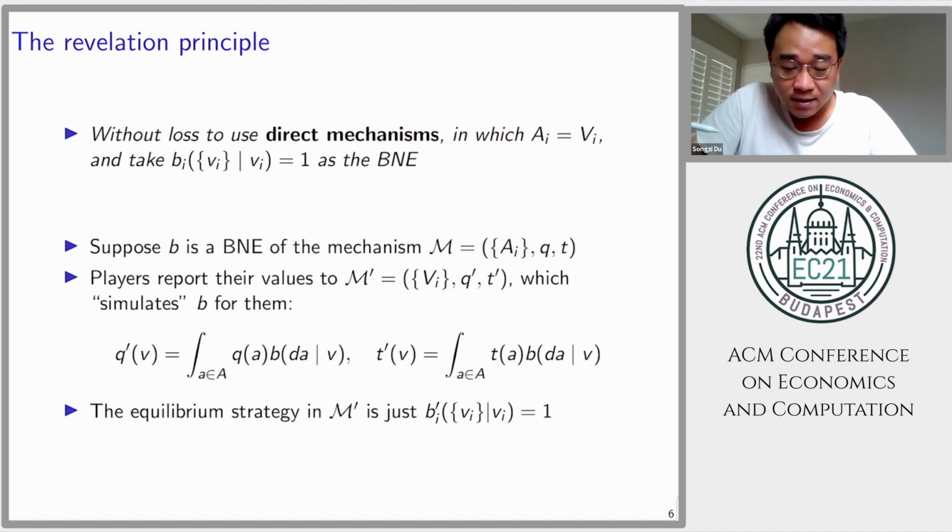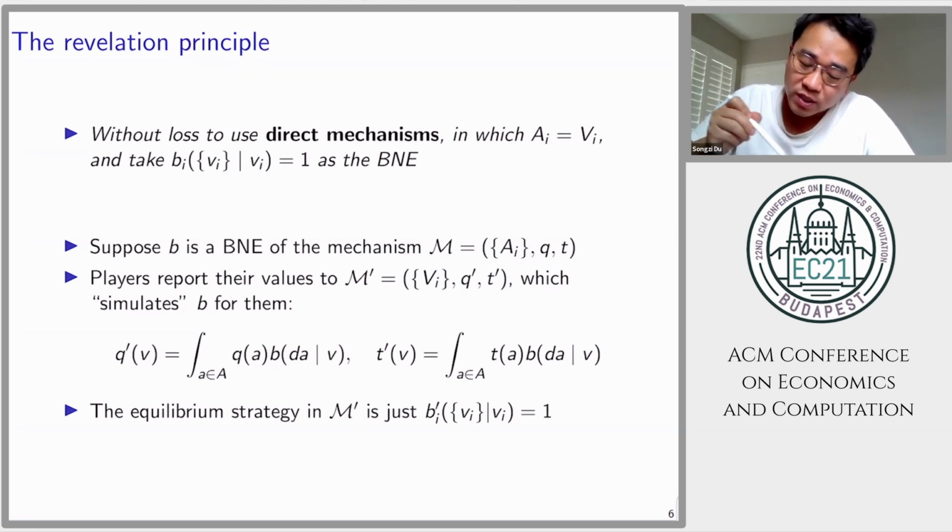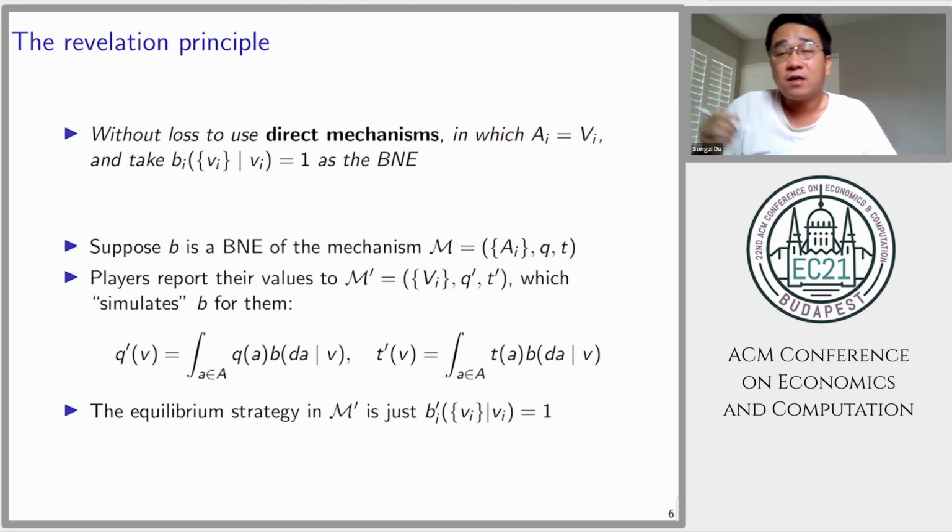The reason is that given any mechanism and any equilibrium, we can construct a direct mechanism which simulates this equilibrium. We write the expected outcome from that equilibrium in the original mechanism, and then we have a new mechanism, M prime, which is a direct mechanism. The equilibrium in M prime is just the truthful equilibrium strategy.